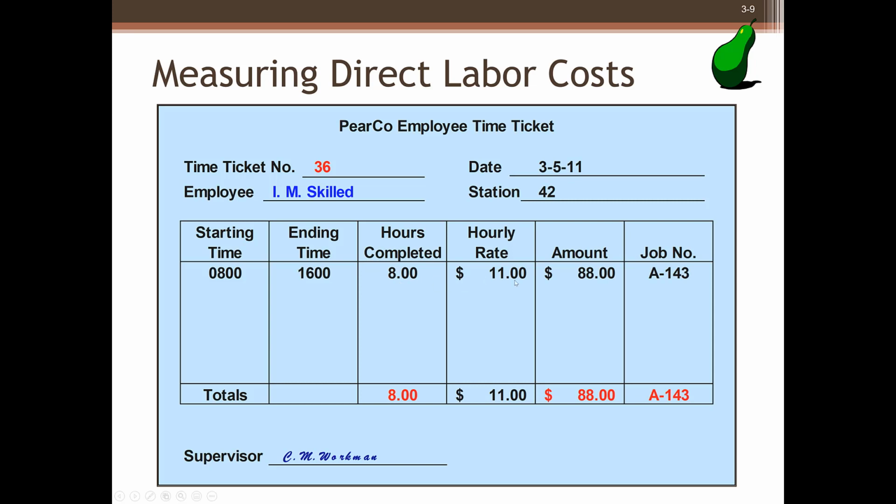Hourly rate, $11. So the total labor cost for this job, we calculate by 8 hours multiplied by hourly rate $11, and then we can get $88 for this job, A-143.